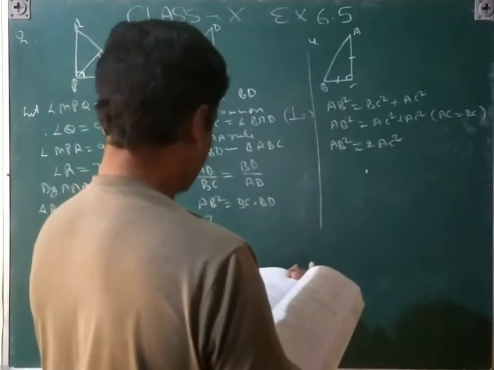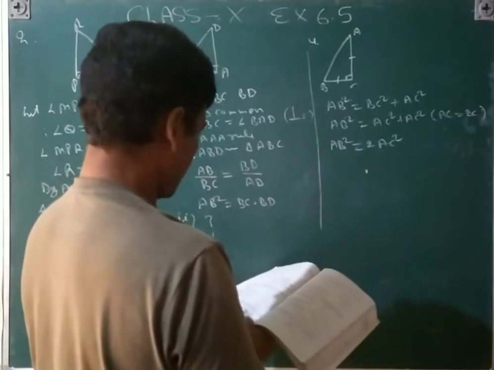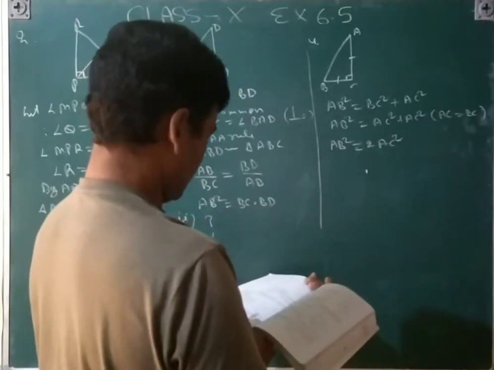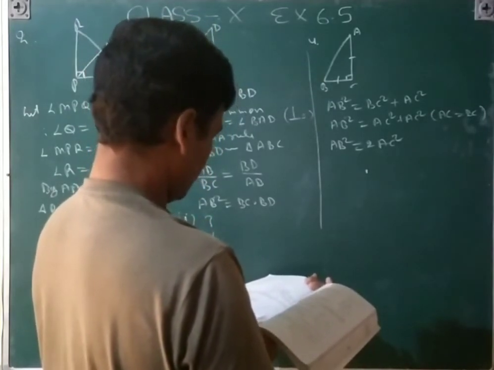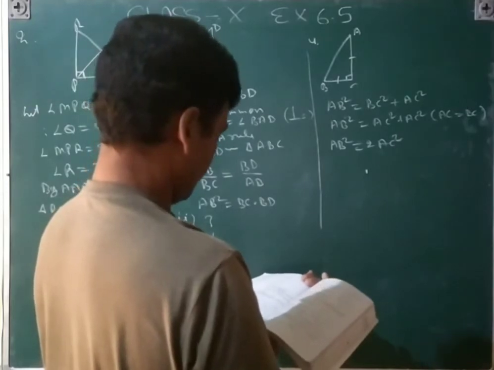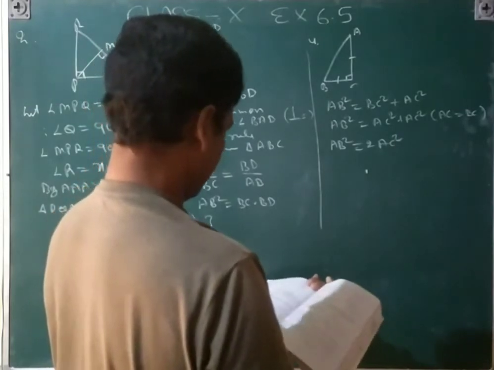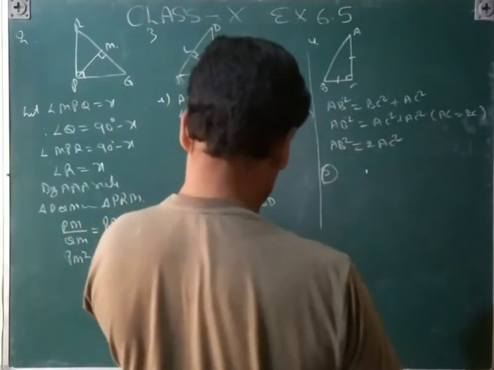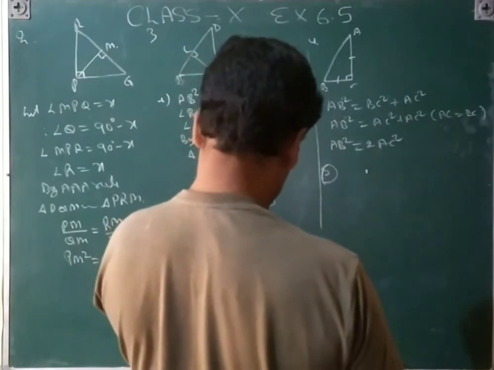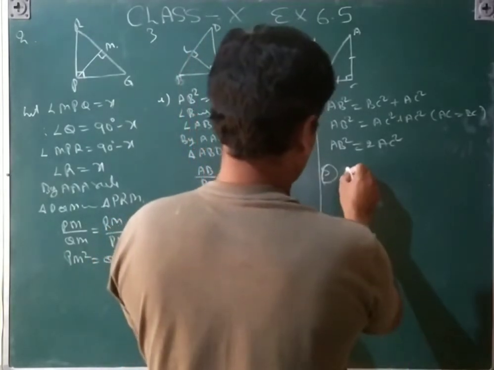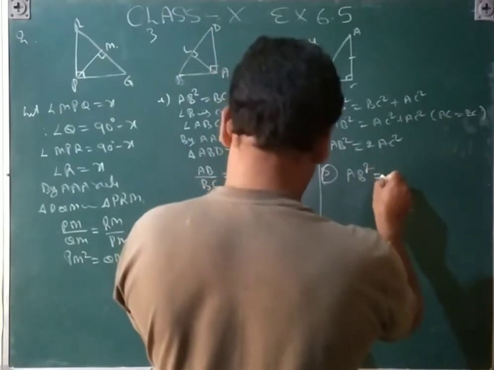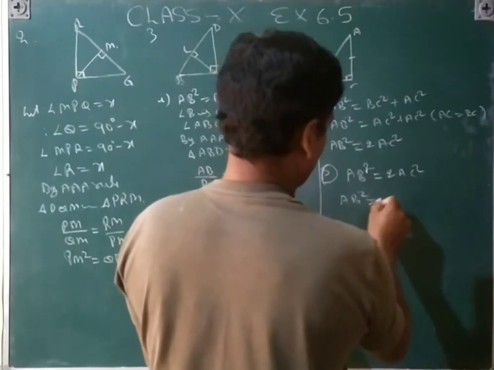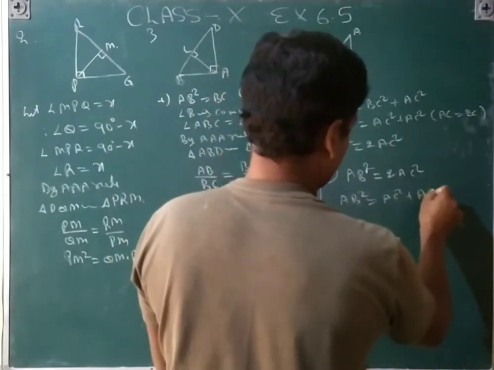Now the fifth question: ABC is an isosceles triangle with AB equal to BC. Prove that ABC is a right angle. Very simple, we will see the same diagram here. So AB square is equal to 2 AC square, that is AC square plus AC square.